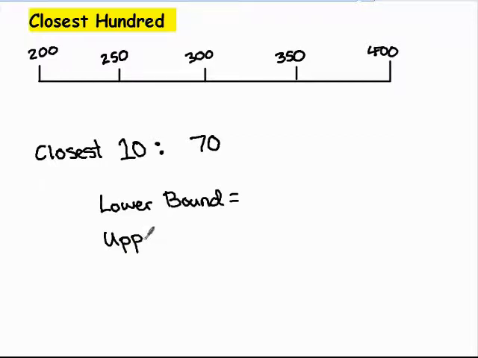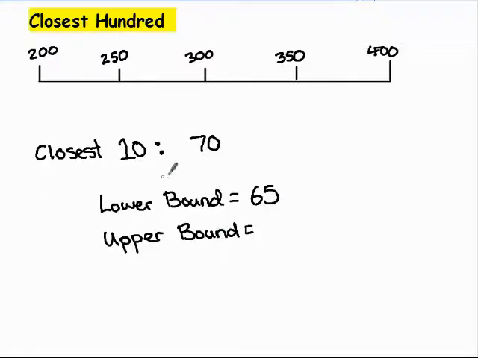Well, if we've rounded to 10, half of that is 5. So our lowest bound will be 70, take away 5, giving us 65. 65 is the smallest number that could possibly have been rounded to 70 if we're rounding to the closest 10.